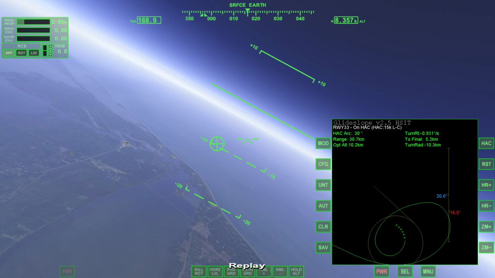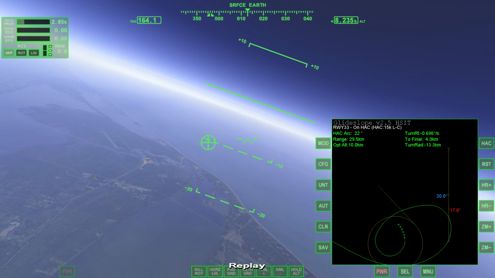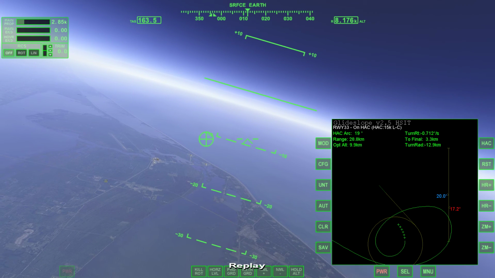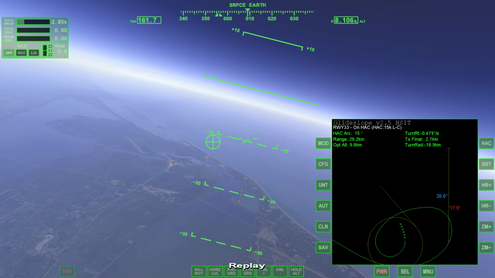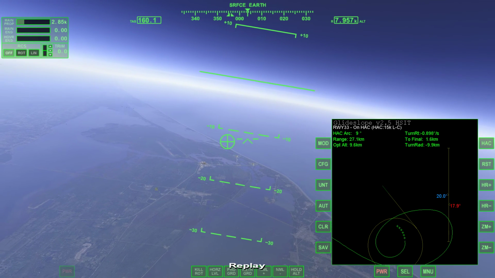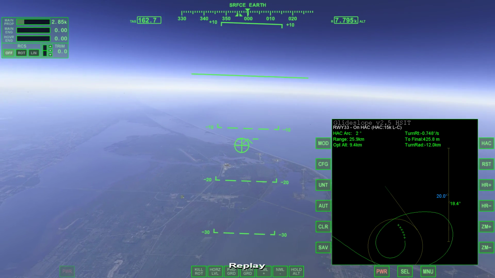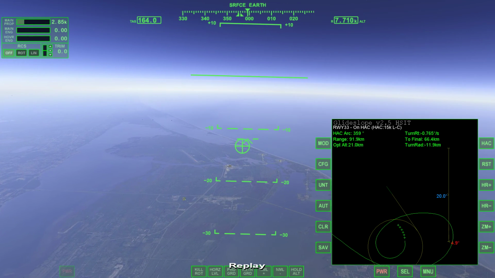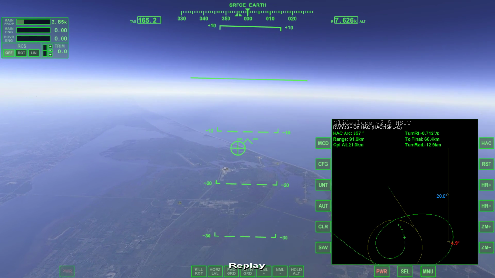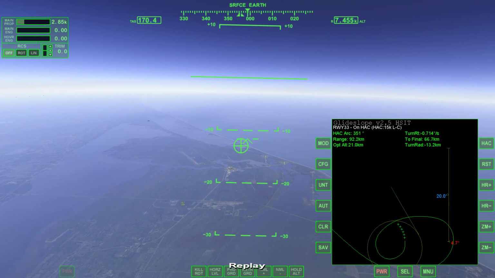Obviously, it is incredibly difficult to do that in the space shuttle, especially if it doesn't have autopilots like the default space shuttle. Although the default space shuttle does now have a launch autopilot, I don't believe it has a landing autopilot. I know some of you have expressed some interest in doing a flight with the space shuttle, so I'll definitely have to look into that.